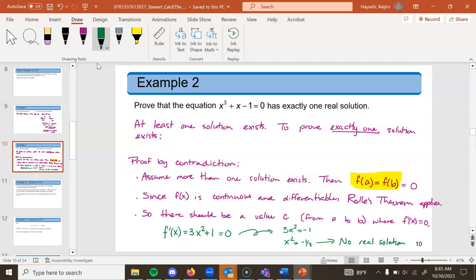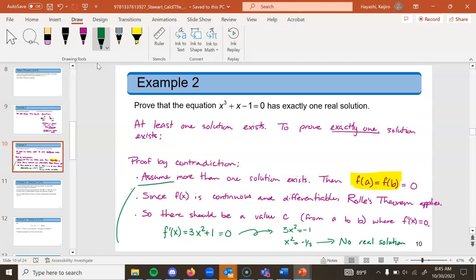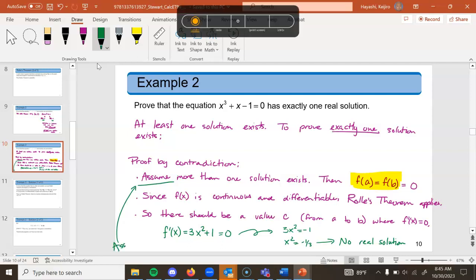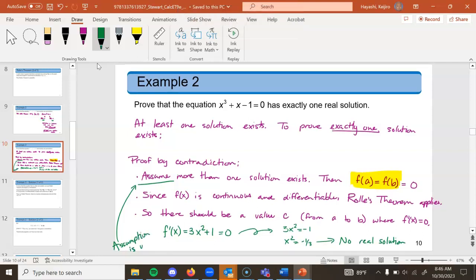Everything else before then was sound, so our assumption is wrong. There can't be more than one solution. So now we know that there is exactly one.